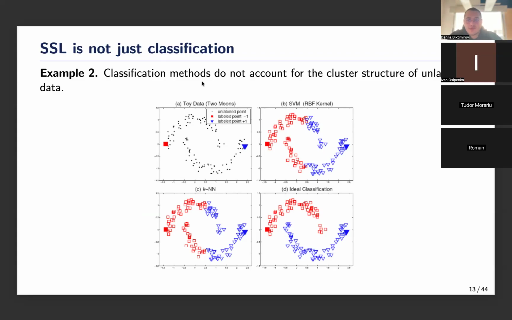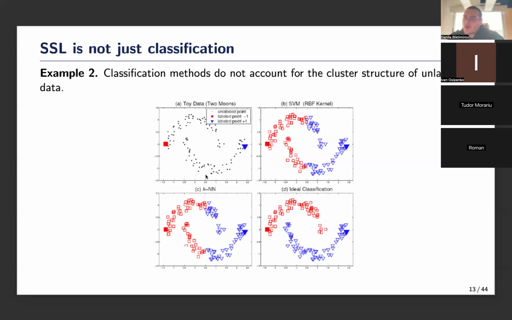For example, with linear regression or some linear classifier, the boundary will be like here, and it's not good for us.